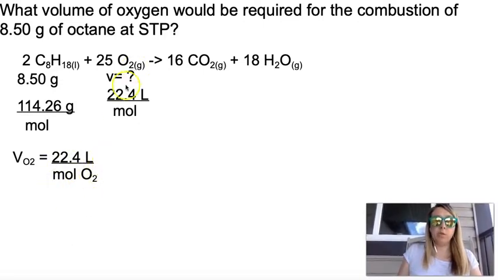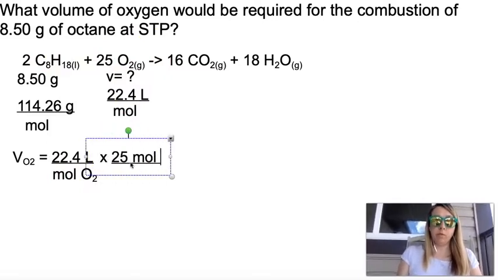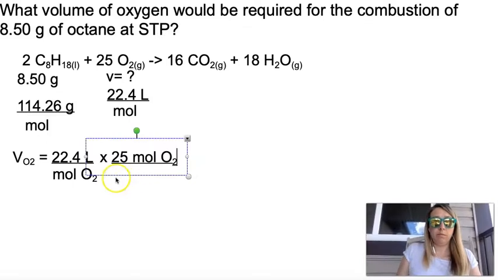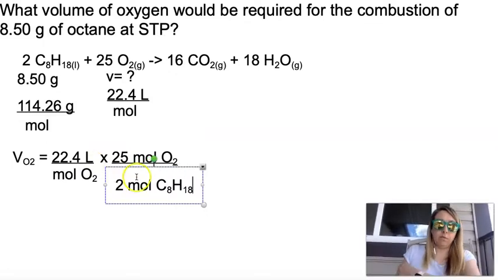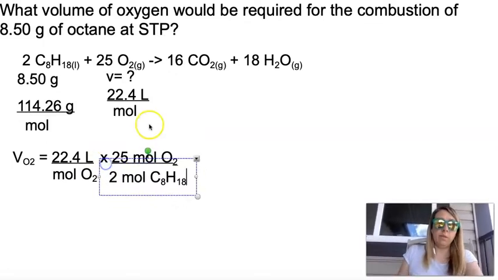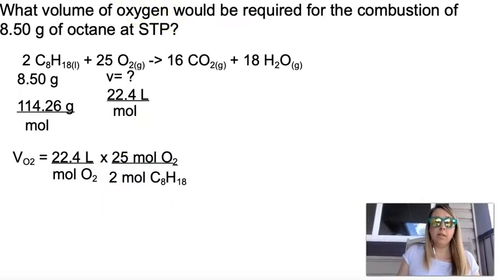How do we get rid of moles of oxygen? We're going to use a ratio between the two. So we're going to say times 25 moles of oxygen, and we're going to divide by 2 moles of that octane. Okay, this is going to allow for us to cancel out moles of oxygen.